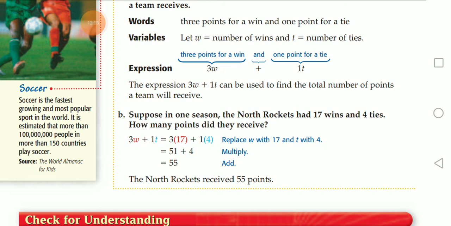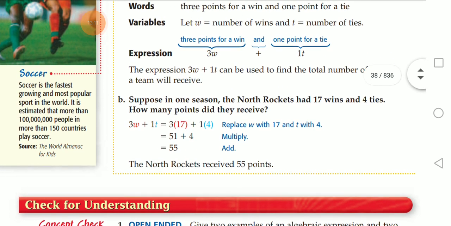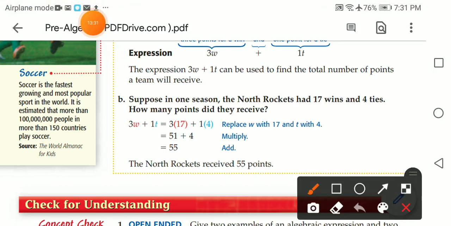Last example: suppose in one season the North Rockets had 17 wins and 4 ties. So it will be 17W plus 4T. Then 3W plus 1T equals 3 times 17 plus 1 times 4.